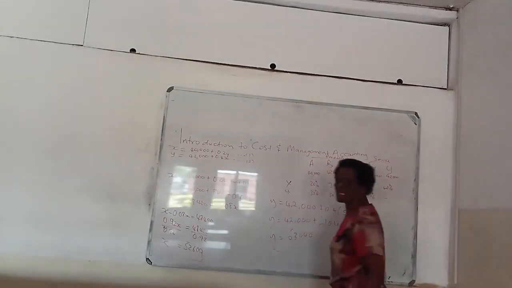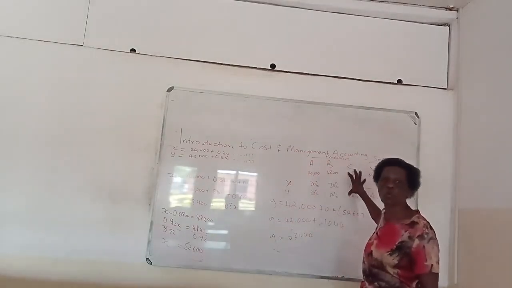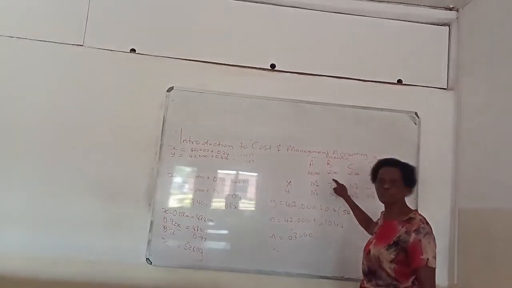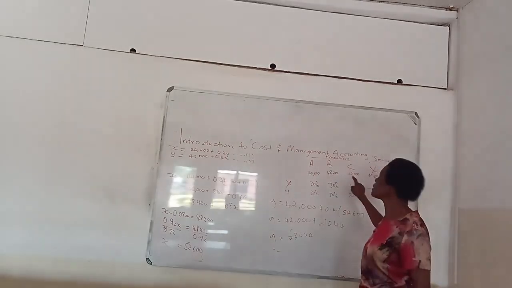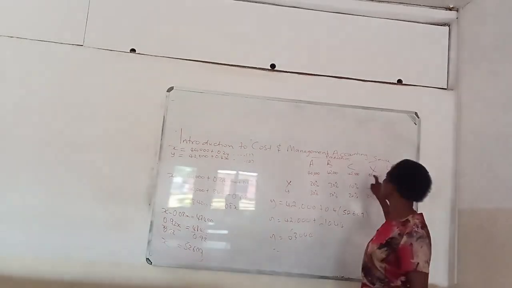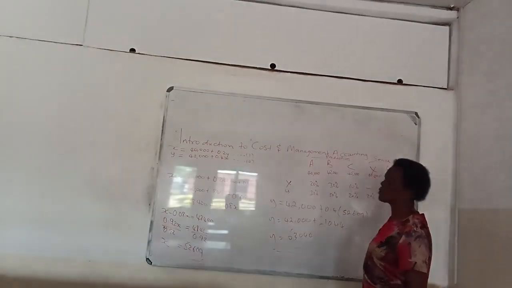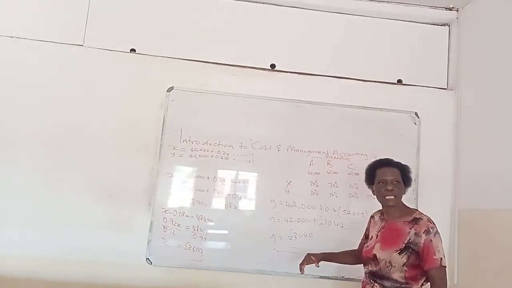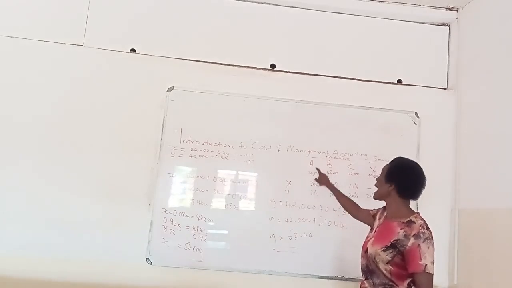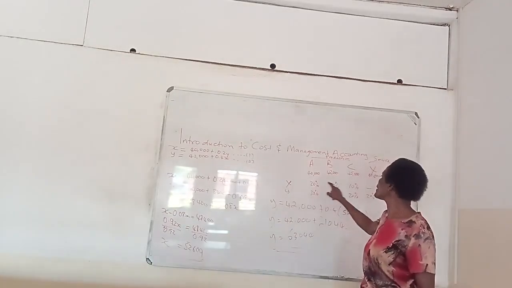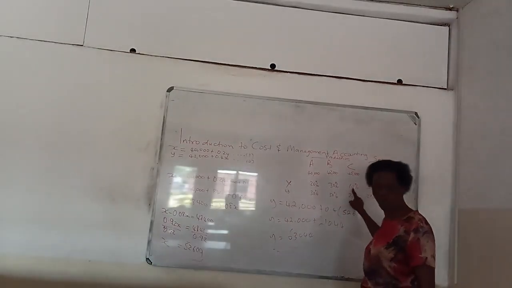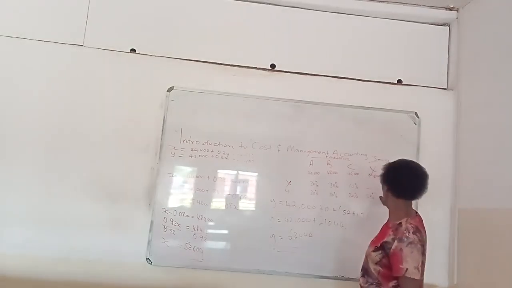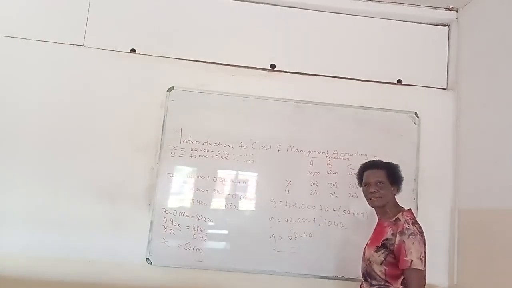These are the figures that we are given by the question. A has got 40. B has got 42. C has got 45. X has got 40 and Y has got 42. But in the question, they're telling us that X gives A 20%, B 30%, and so on. But he doesn't give himself. He also gives Y 40%.